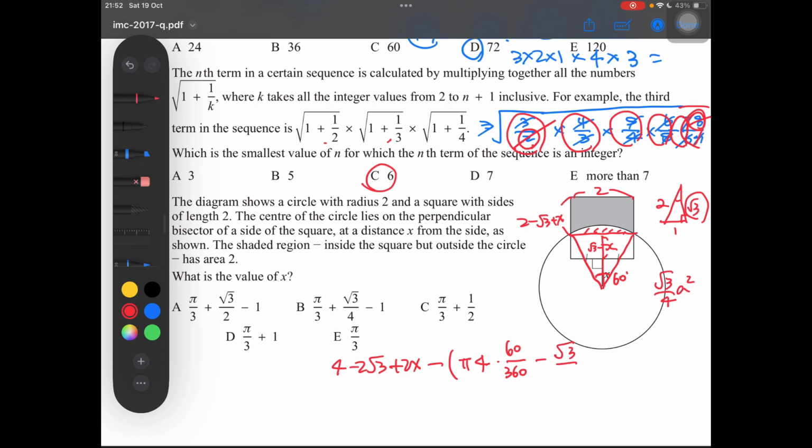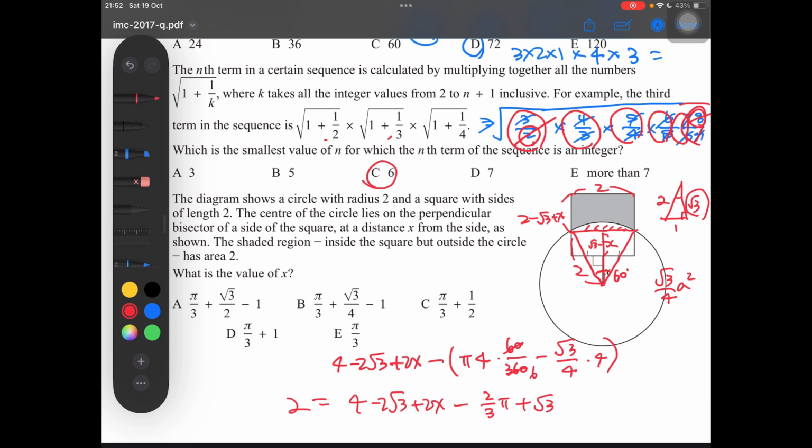So square root 3 over 4, a is 2, like the side length, 4. So 4 minus 2 square root 3 plus 2x minus 2 over 3 pi plus square root 3 equals 2.